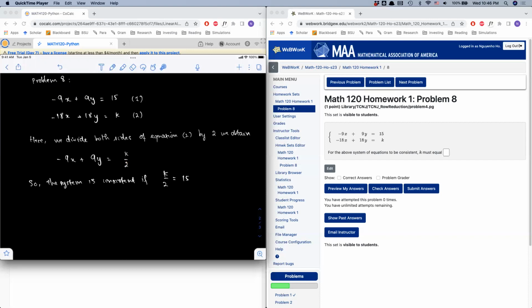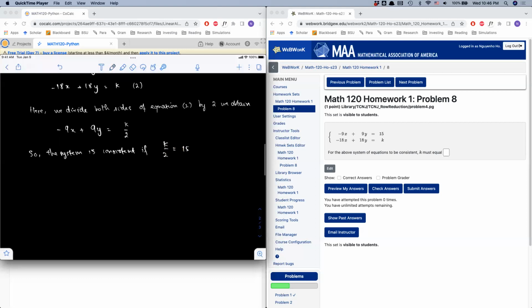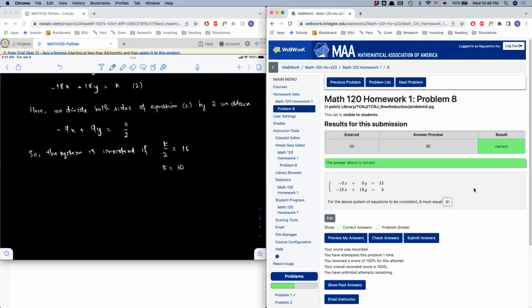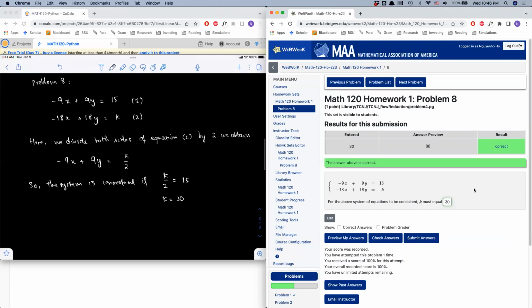So the only case that can happen is that k over 2 is equal to 15. From this equation, if you multiply both sides by 2, you obtain k equal to 30. Okay, so let me input that here and see what happened. I hope that you get the idea of how to solve this problem.